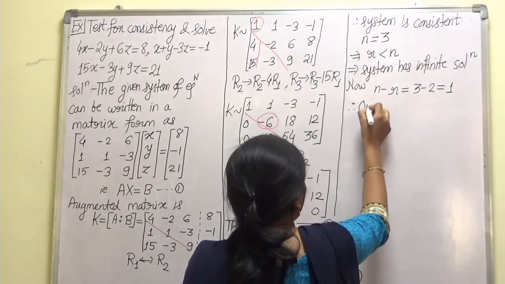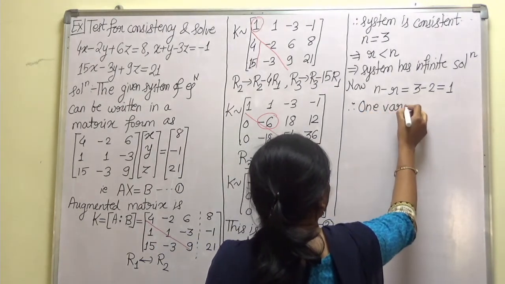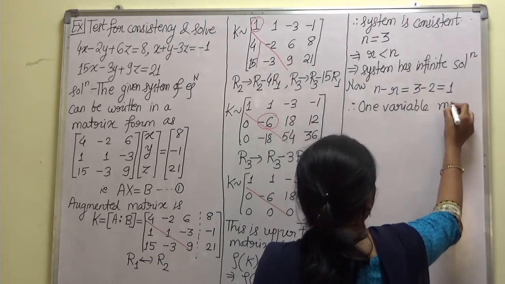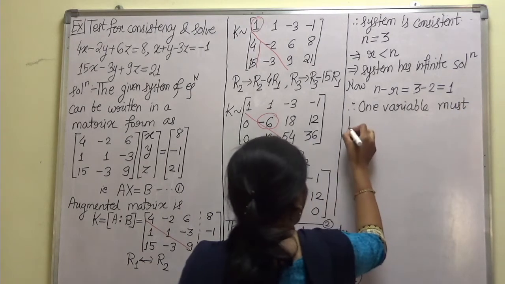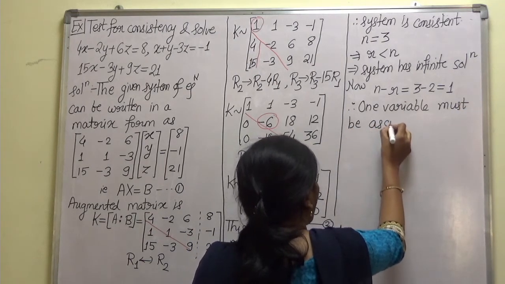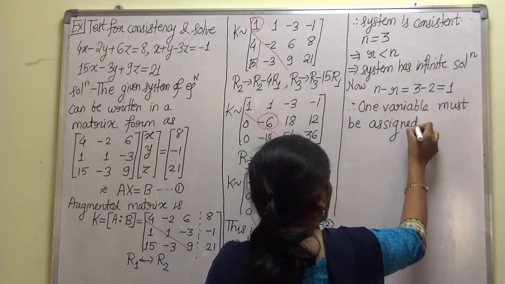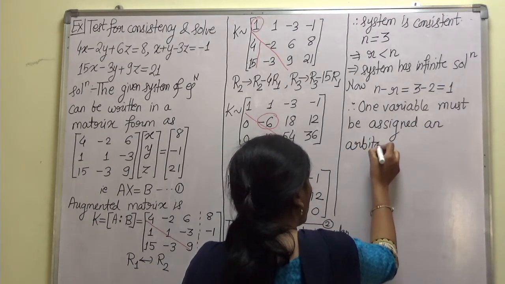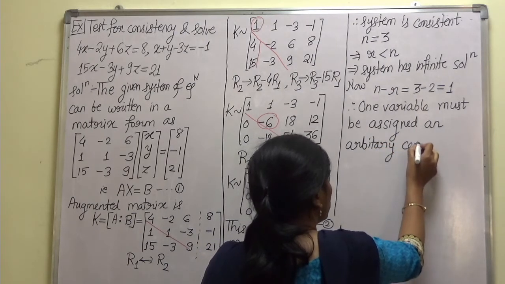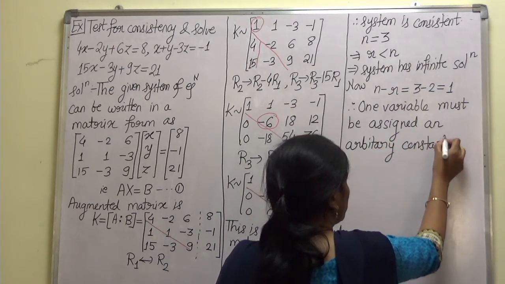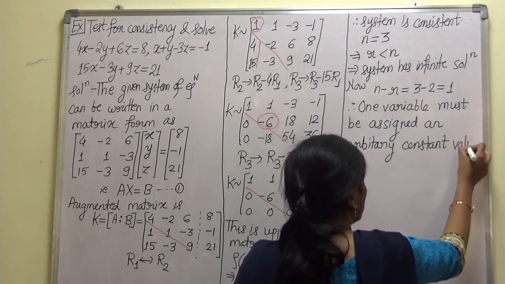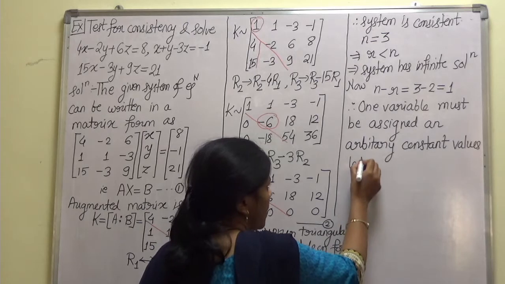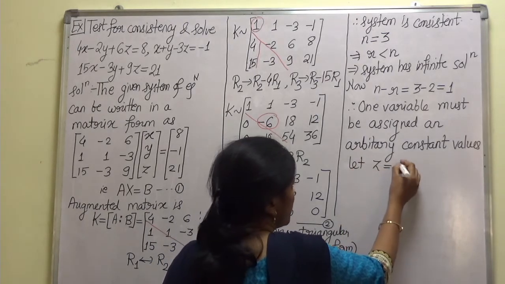So n minus r equal to 1. Therefore, one variable must be assigned an arbitrary constant value. So let z be equal to, say, k.